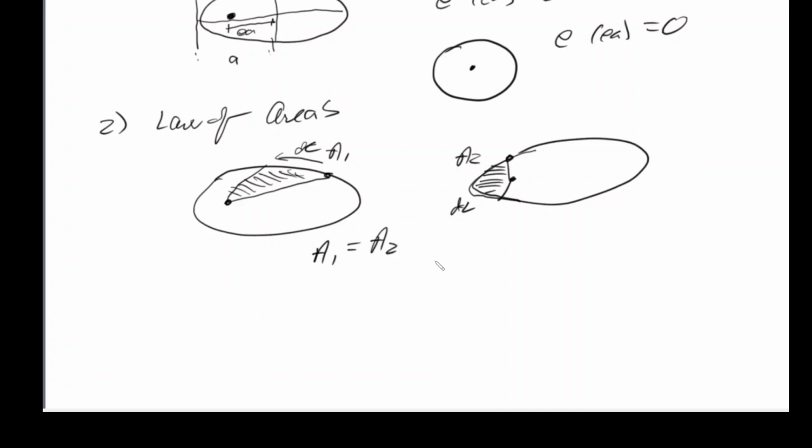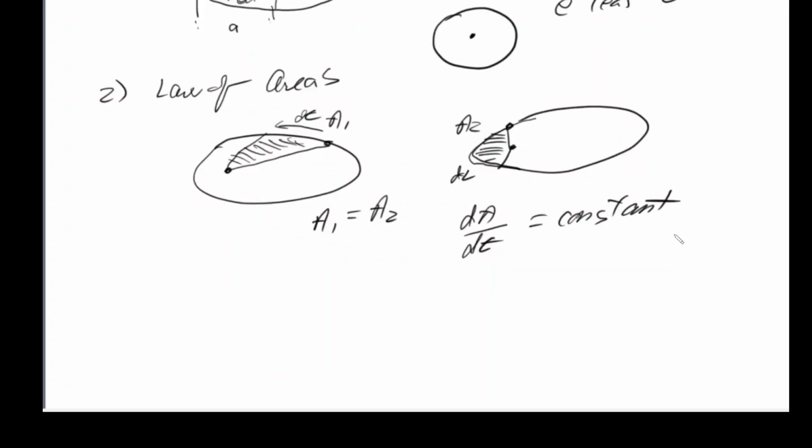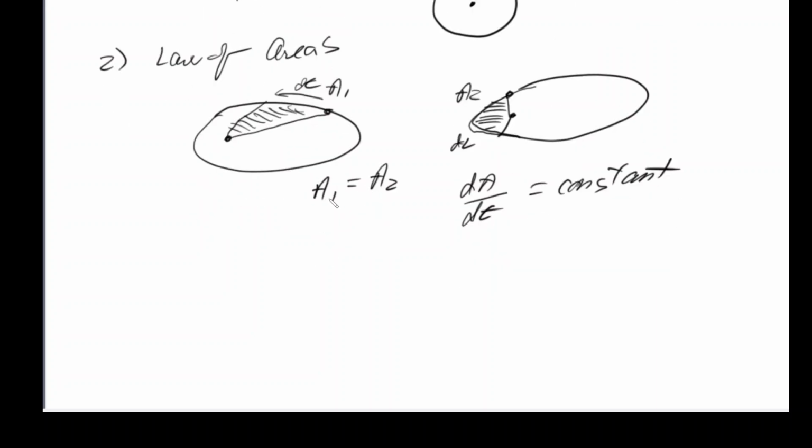Or dA/dt is a constant. And again, the time it takes to sweep out area 1 is time 1, and that's equal to the time it takes to sweep out area 2, or time 2. And this is due to conservation of angular momentum.